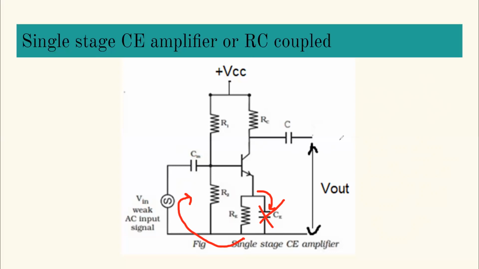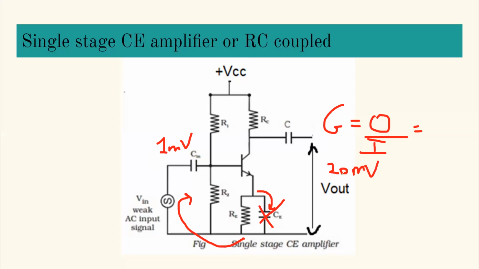हमको हमेशा gain high चाहिए. Gain क्या है? Gain means output upon input. ठीक है? तो मुझे output ज्यादा चाहिए ना, है ना? What is my aim? मैं उसको 1 millivolt दूंगी, तो मुझे at least कितना, 20 millivolt मिलेगा output. I need more output. That means 20 millivolt upon 1 millivolt. What is my gain? 20. जितना ज्यादा gain उतना अच्छा, है ना?